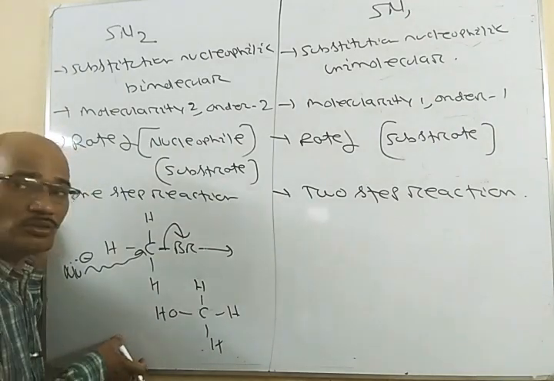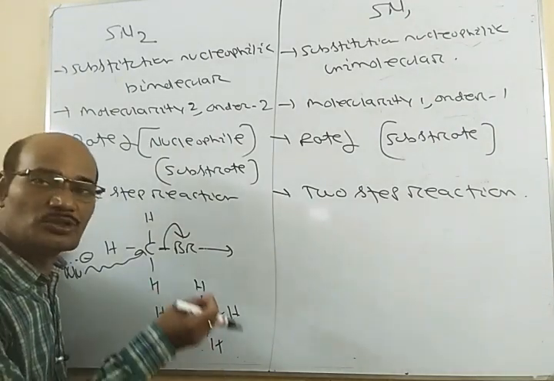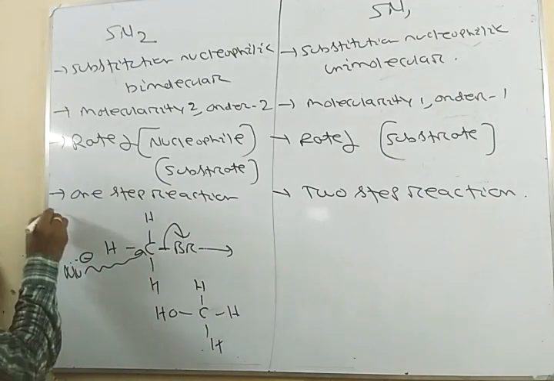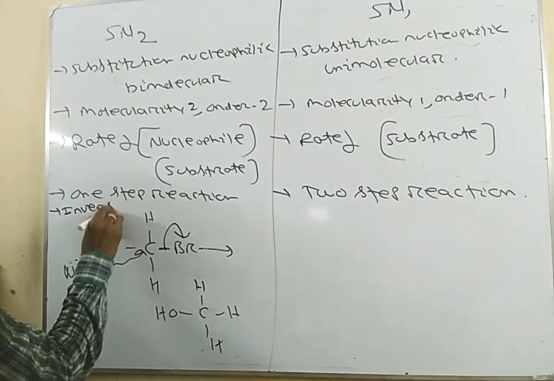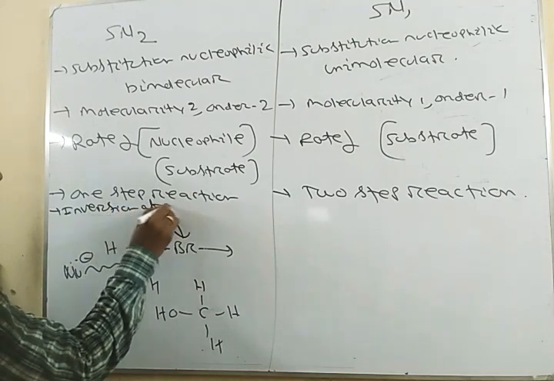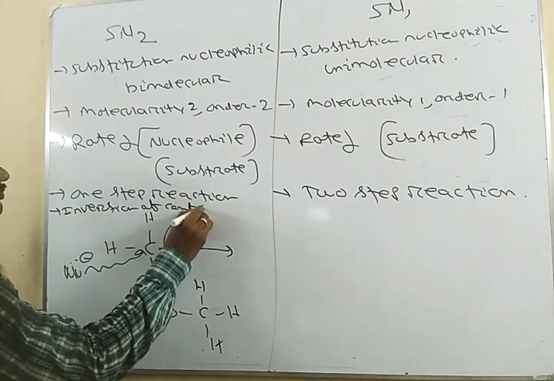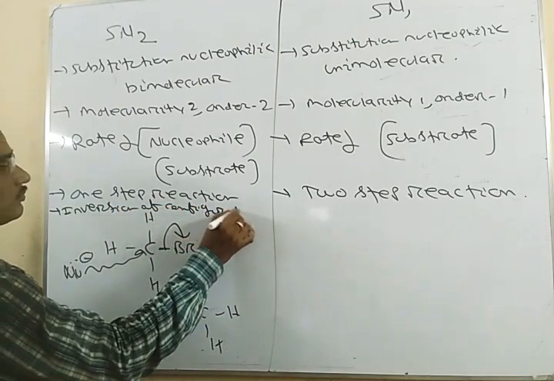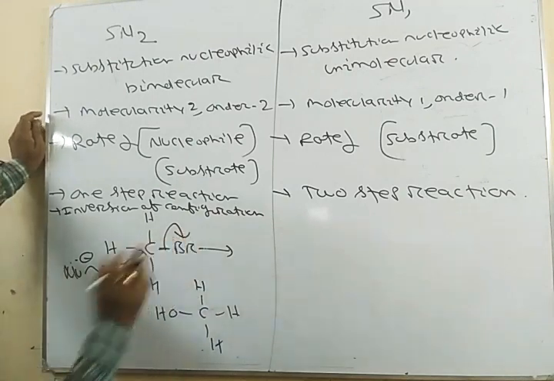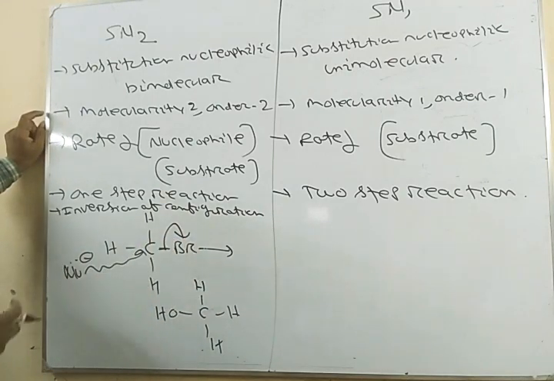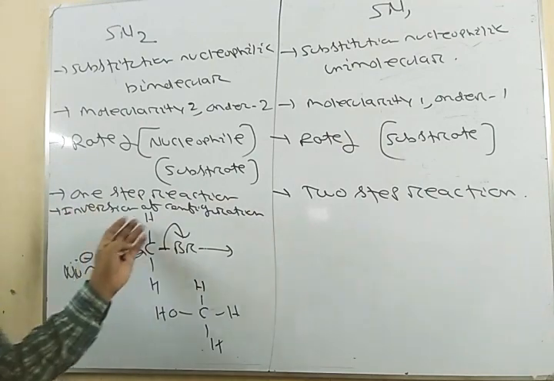In SN2, inversion of configuration takes place, because the nucleophile is attacking from the back side.